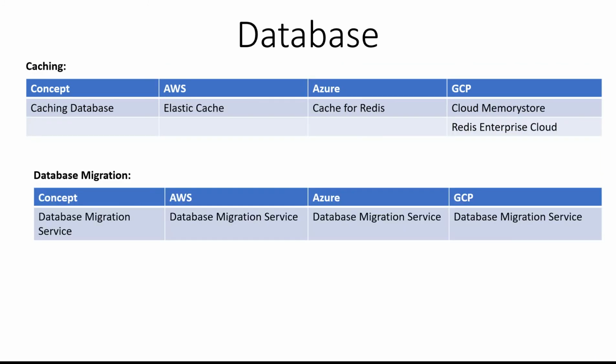The advantage of caching is this: let's say you do writes, but at the same time you do a lot of reads, and reads are more compared to writes, and the data will not change much. Then having a caching layer before your DB will help.